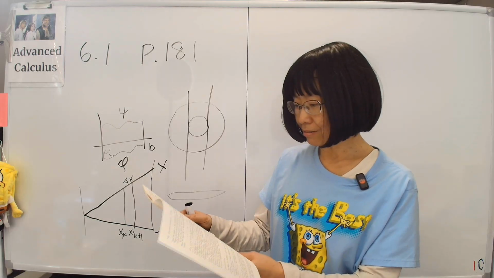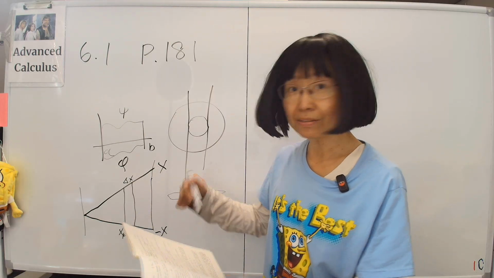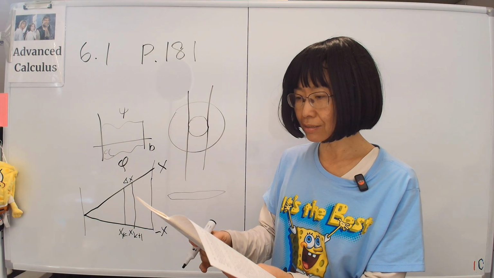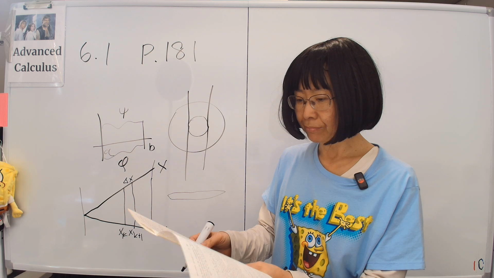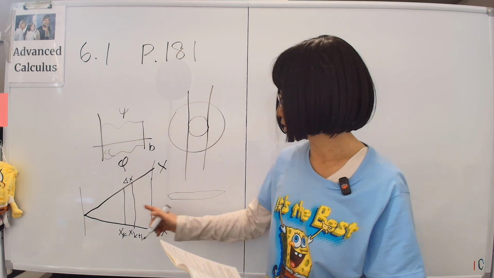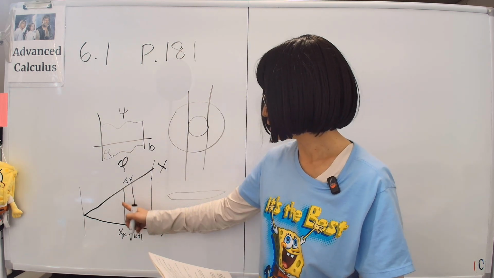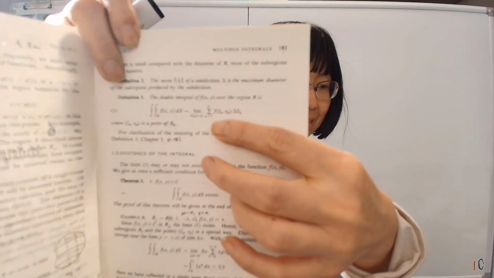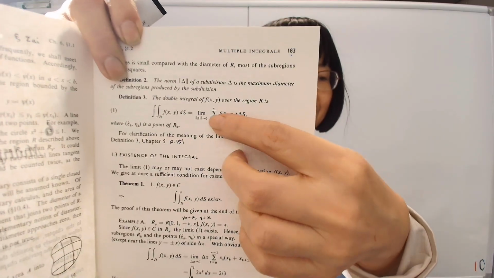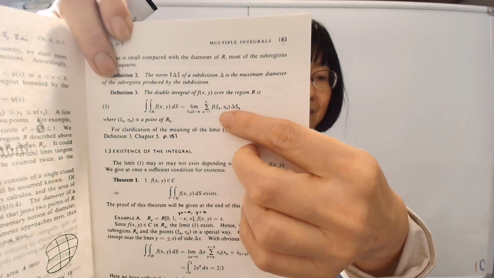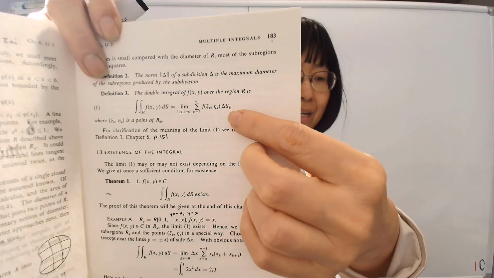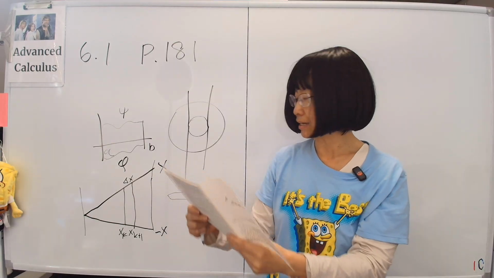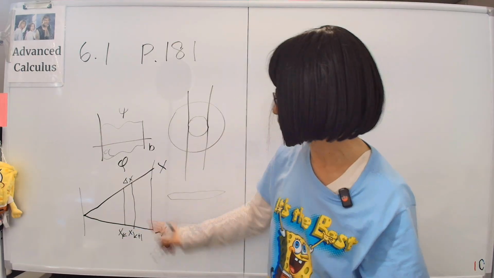We are going to calculate with f(x, y) just x. According to this definition, the limit is the sum of f(ψ, η), which in this case is just x, times the area of Sk. The area of this whole strip we'll treat as a trapezoid.